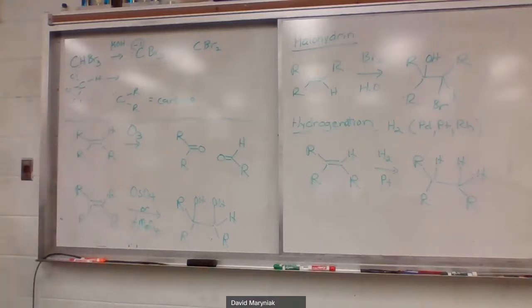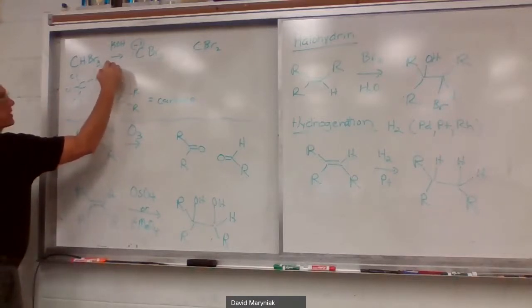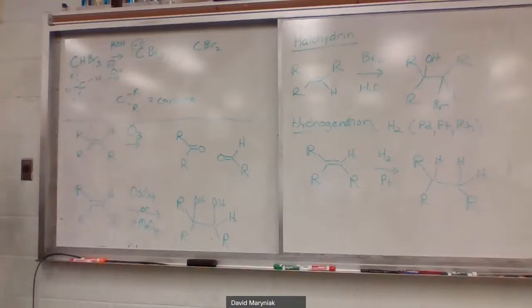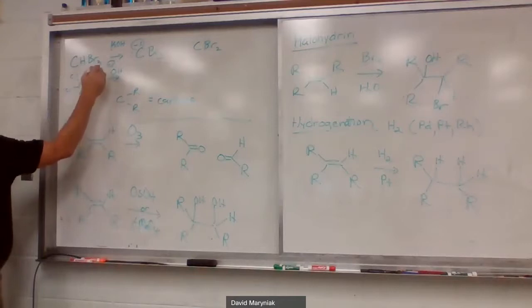So if we put up there chloroform, and we have hydroxide, which is a base, because this C has these electronegative Cl's, it's relatively more acidic than a normal CH bond.